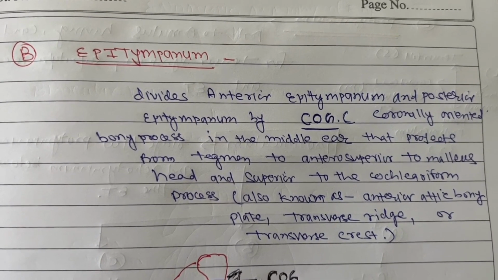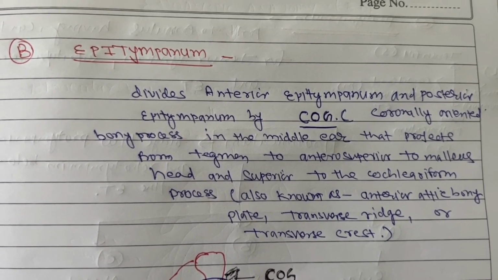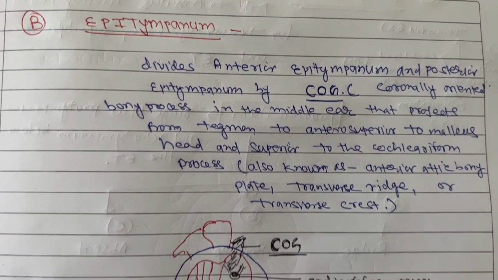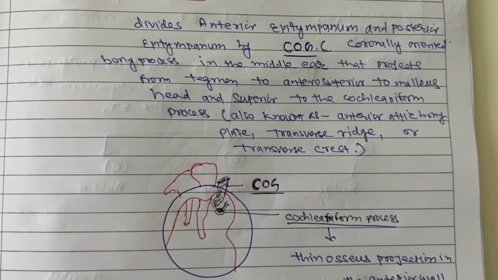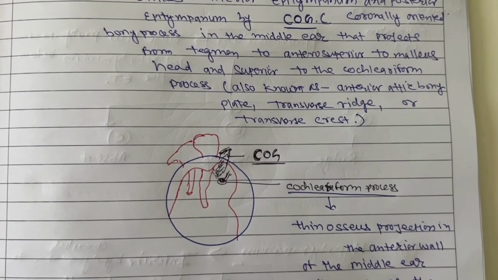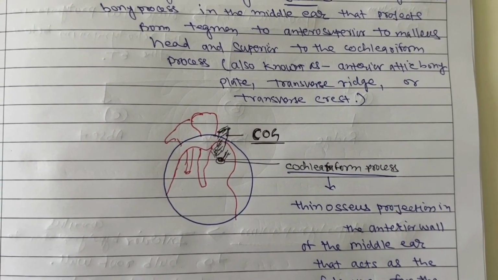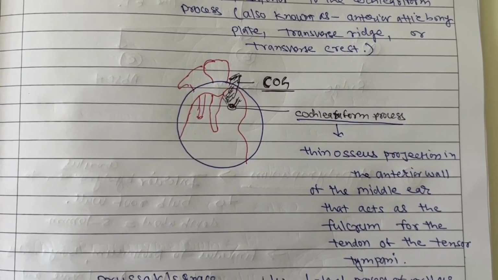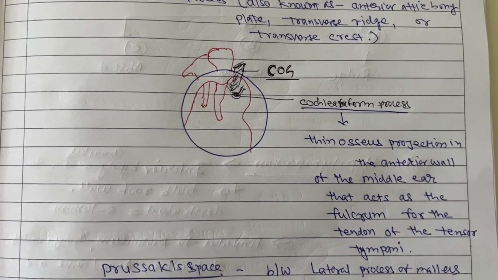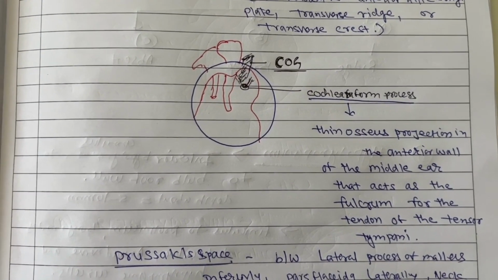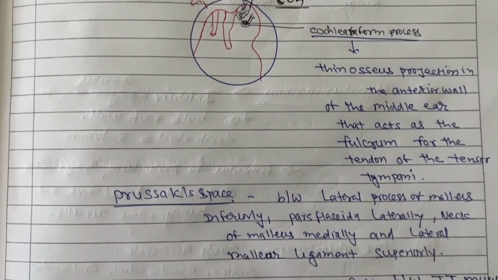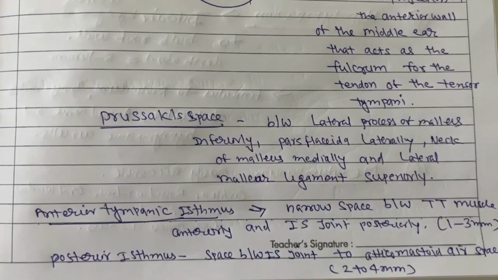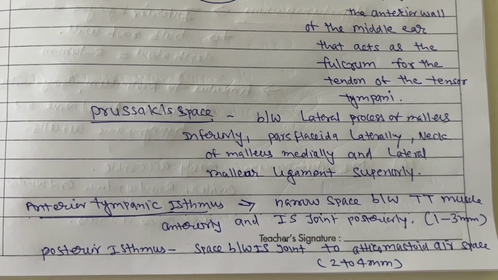Now talk about the epitympanum. The epitympanum is divided into anterior and posterior epitympanum by the cog. What is the cog? The cog is a transversely located crest from the tegmen to the malleus, behind the cochleariformis process. It is also called the transverse crest, and it is located behind the cochleariformis process, which is the fulcrum for the tensor tympani.